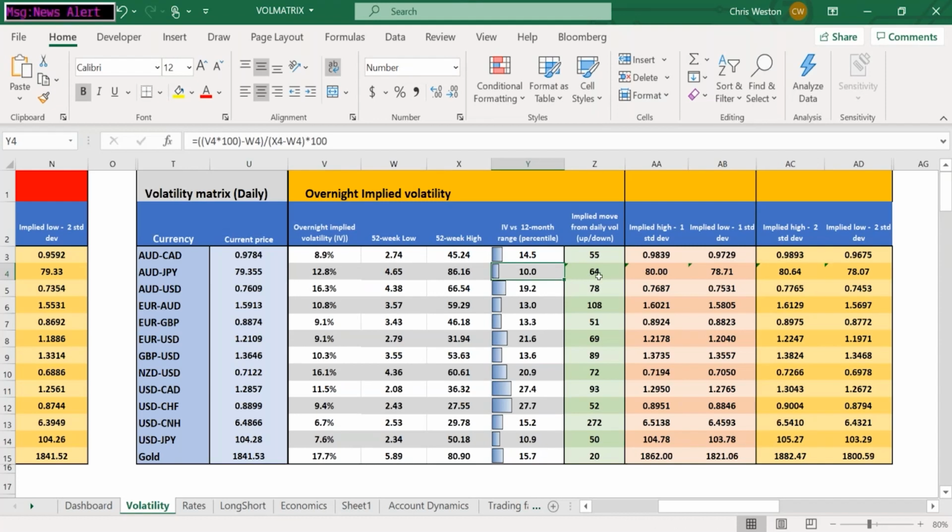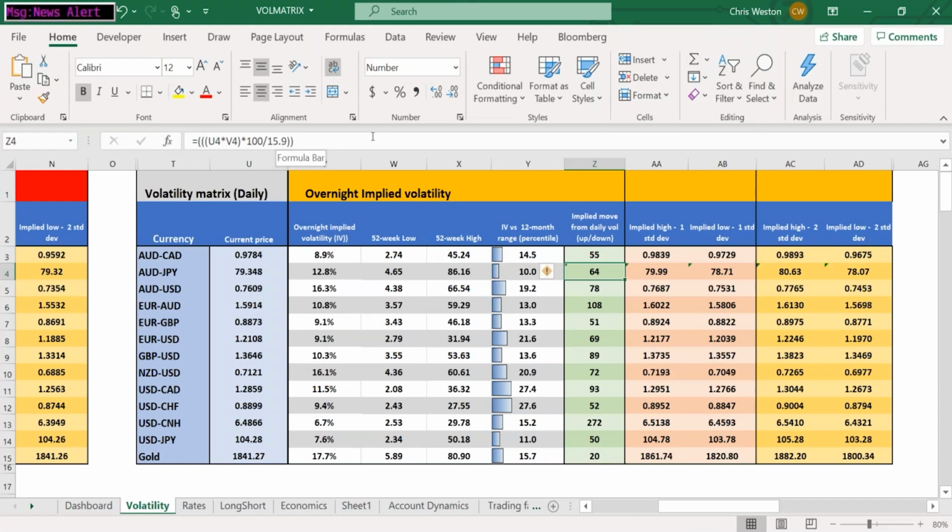Now, this is the bit that gets interesting. This 12.8% is an annualized number, as I talked about. If we divide that number by 15.9, which is the square root of 252, remember, there are 252 trading days in the year, and we take the square root of that because volatility is proportional to the square root of time.